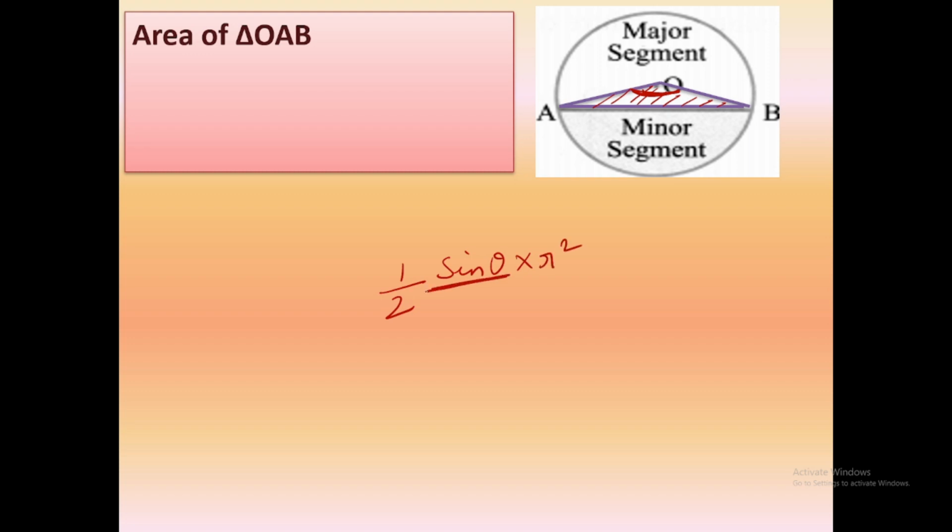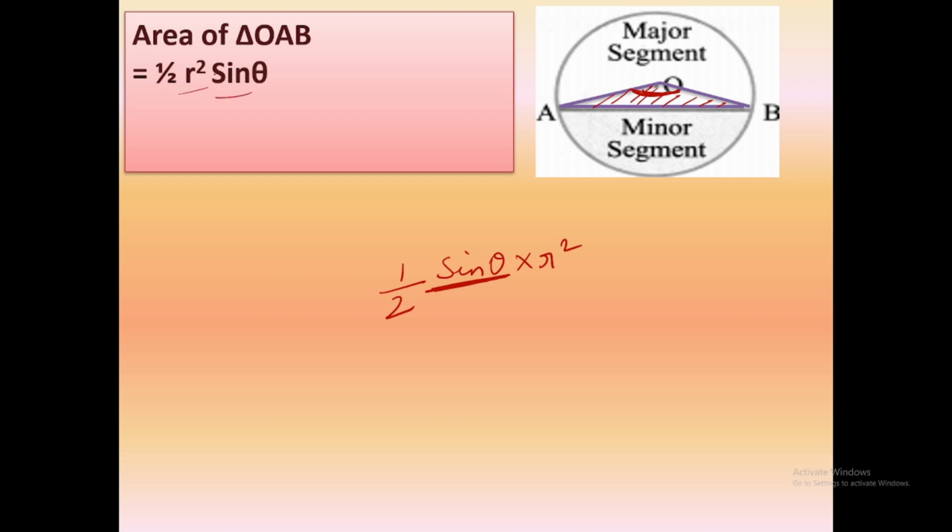You have just studied the trigonometric ratios in the chapter Introduction to Trigonometry, so from there you should know the ratios of all the trigonometric functions. So the formula to find the area of the triangle is half into sine theta into r square.